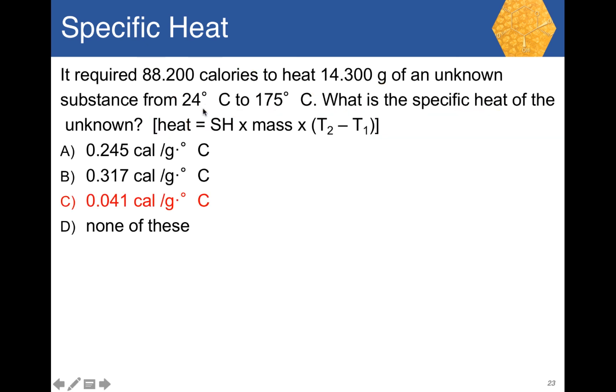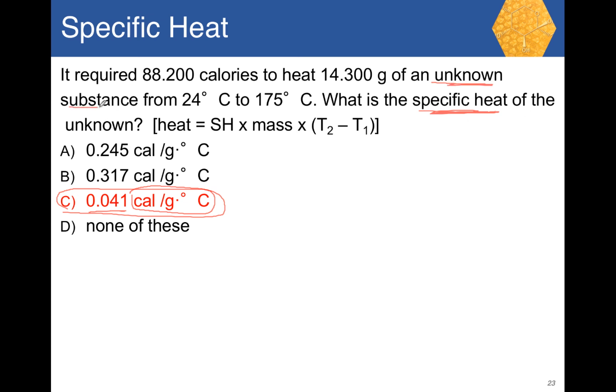Okay, here's what I got. I got this as my answer C. Notice the units because it's asking for specific heat, and I know the unit for specific heat is calorie per gram per degree C. So this is the specific heat of this unknown substance.